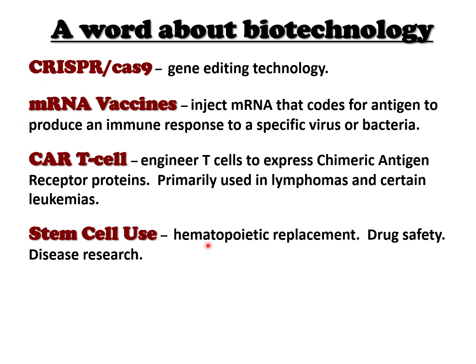We can use stem cells either from the patient or donor stem cells in order to replace bone marrow in patients. For instance, maybe you have certain types of bone cancer where you have to basically kill off the bone marrow. Then you can use bone marrow from an appropriate donor to replace it. But you can also use these stem cells for diagnostic and research purposes.